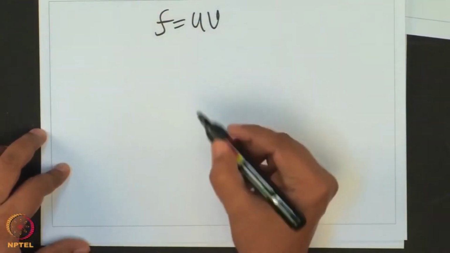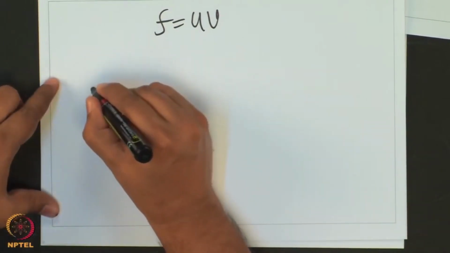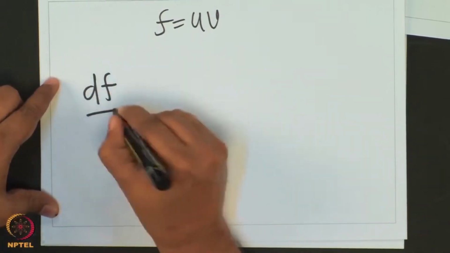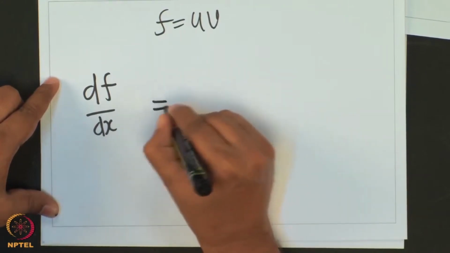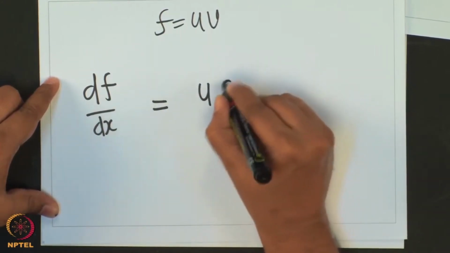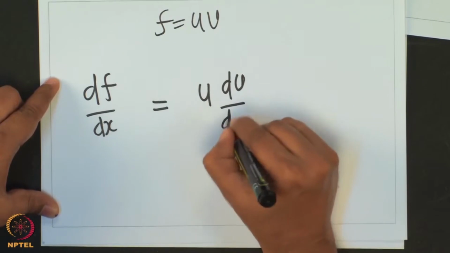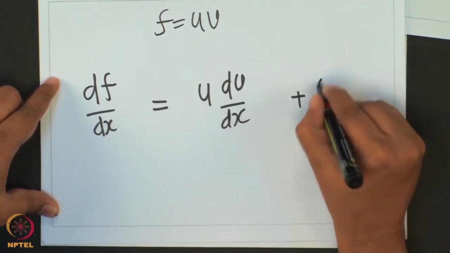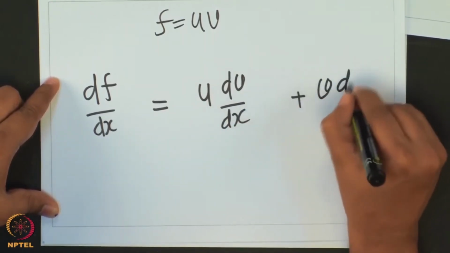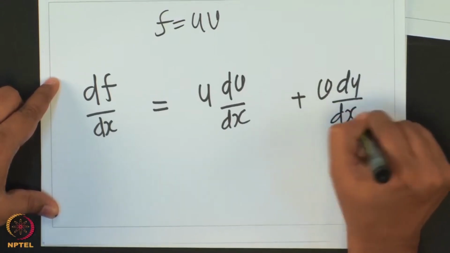We have f is equal to uv, and df by dx is equal to u dv by dx plus v du by dx.